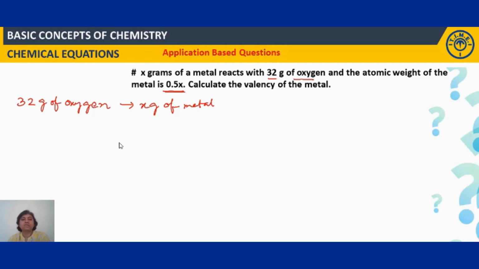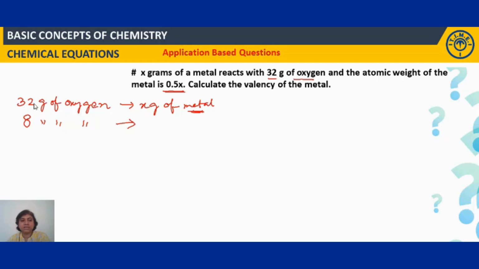Okay. So in the definition of equivalent mass, what we have seen, the mass of an element which combines with 8 grams of oxygen, that is called the equivalent mass of that element. So here the element is this metal. So 32 grams of oxygen reacts with X grams of metal. So now we have to calculate for 8 grams of oxygen how many grams of metal it combines.